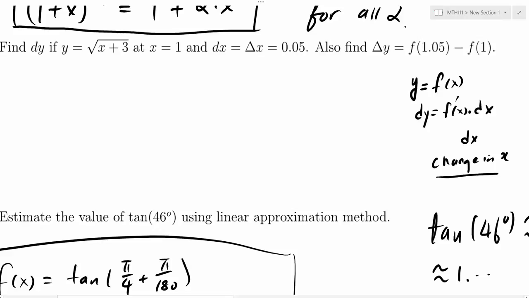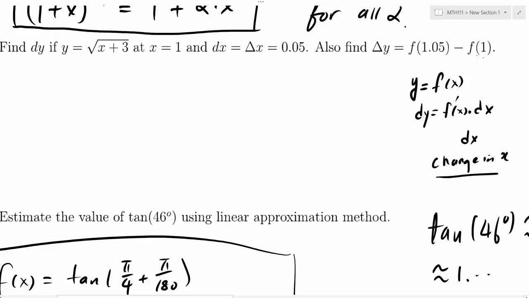For example, in this example over here, we have two values. One, x is 1, the other one is 1.05, and we want to know what's the difference over here. And the theory of the differential says that this difference is approximately dy, and that's what it is.